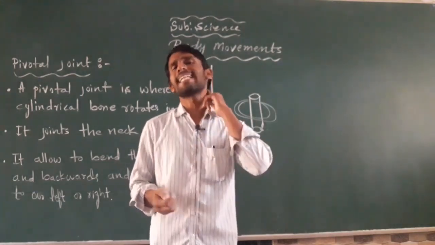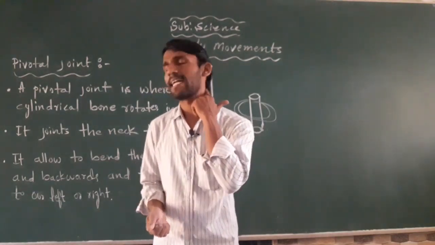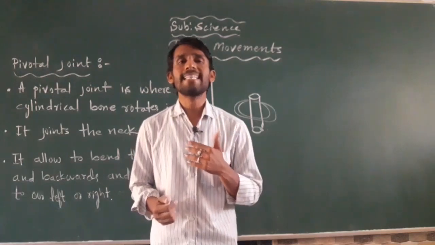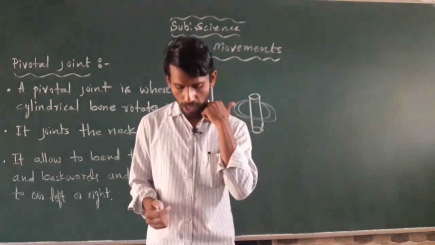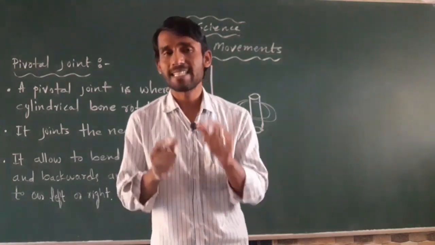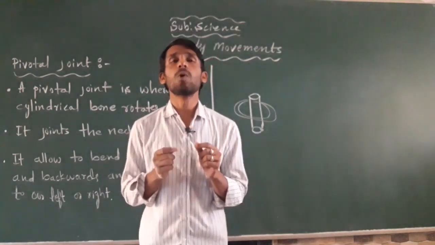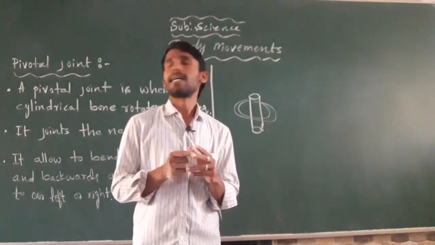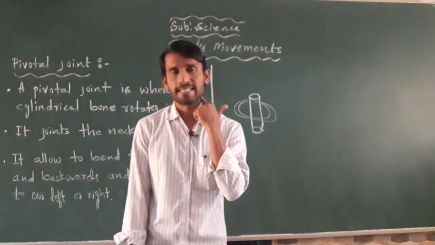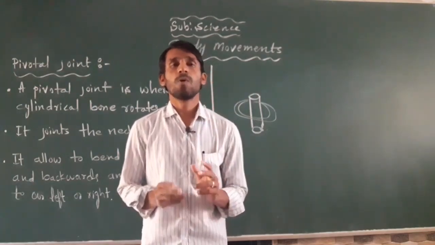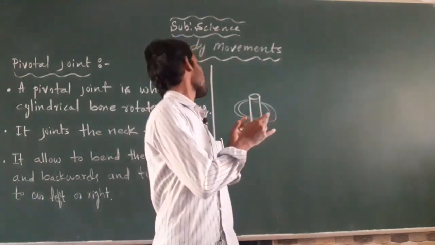For example, see here, a pivotal joint is present. I am able to bend this part of the body upside and downside only. Here a pivotal joint is present, because of that I am able to turn left side and right side only. Dear friend, here a pivotal joint is present, so we are not able to rotate completely backside.